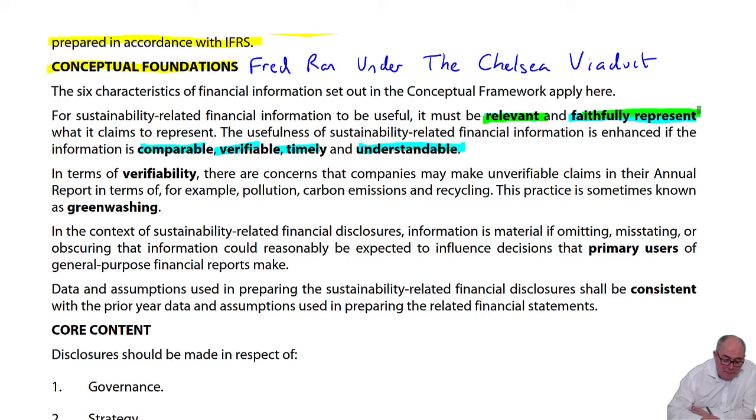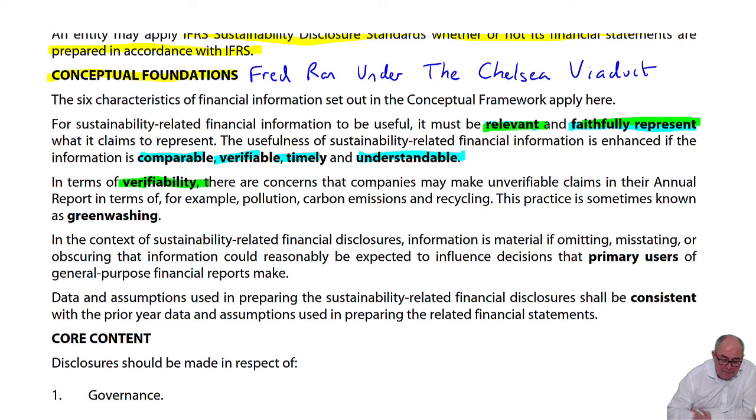A particular problem is verifiability. If you take a number like charitable donations, that's easy to understand, isn't it? Because it would be verifiable by looking at the nominal ledger. But the minute that you say emissions or something like that, you're scratching your head and saying, how on earth could I vouch that number? And in particular, of course, it may be that companies make claims that are simply not verifiable about their environmental impact.